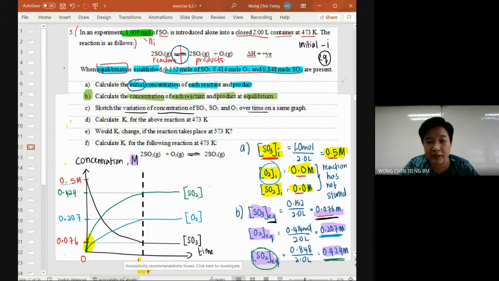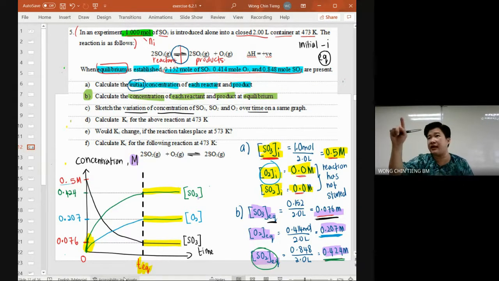Macam mana nak tahu benda tu achieve equilibrium? The system will achieve equilibrium, macam Azri cakap, dia akan sama, betul? Dan bila sama bermakna concentration at equilibrium must be constant. Alright, bila kamu kata the rate from the product jadi reactant sama dengan the reactant jadi product. So bila diorang sama, bermakna diorang akan nampak macam tak ada perubahan.